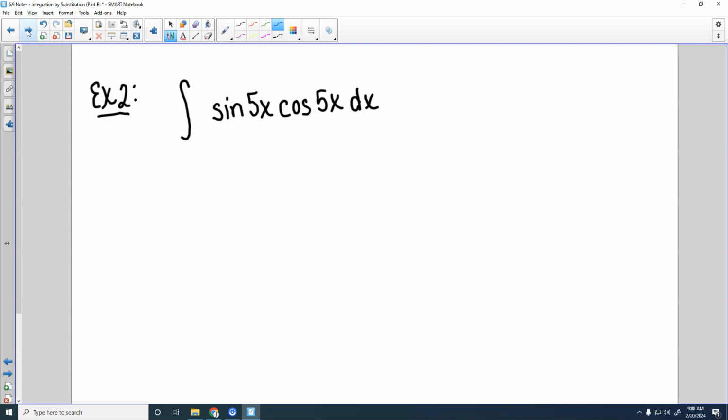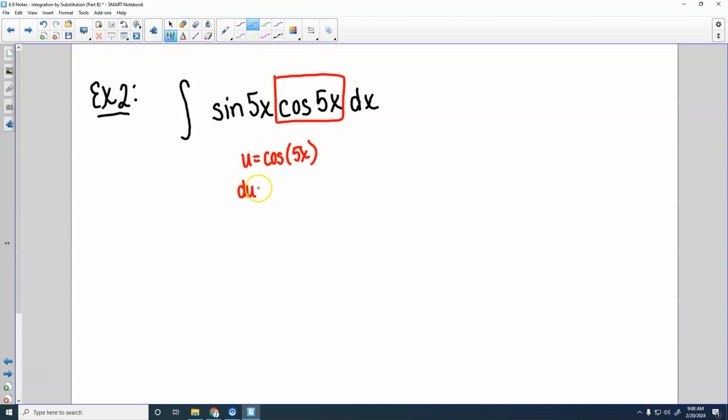Okay, cosine, just cosine or cosine of 5x? You might be thinking maybe it should be 5x, but if it's 5x, then we got sine u, cosine u. Do we know how to integrate sine times cosine? We do not. So let's go with that cosine of 5x. Let's try that. So u equals cosine of 5x.